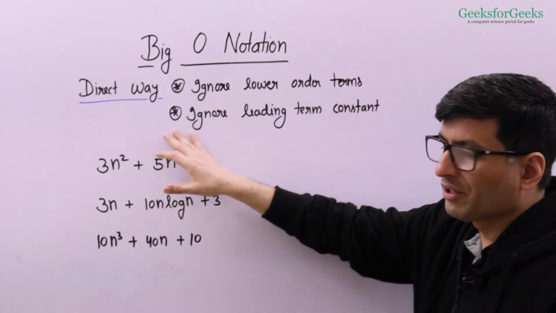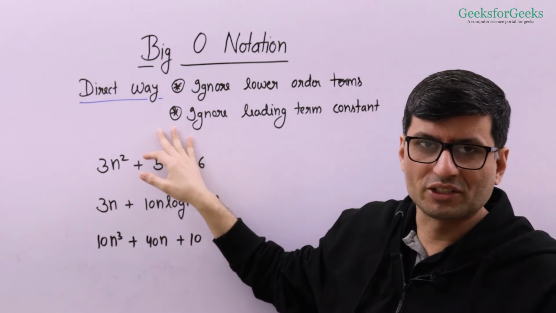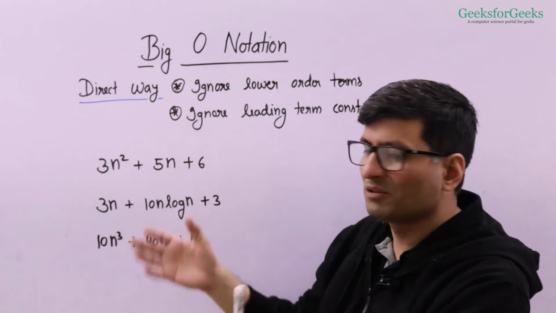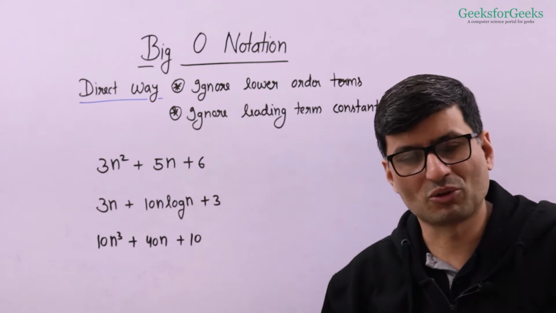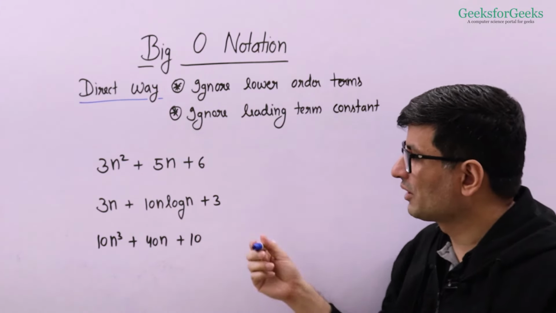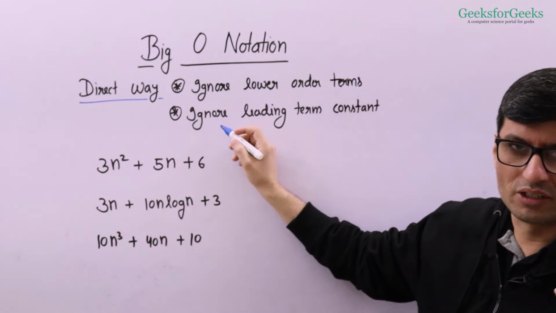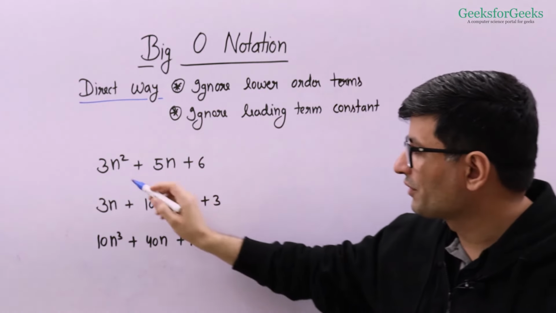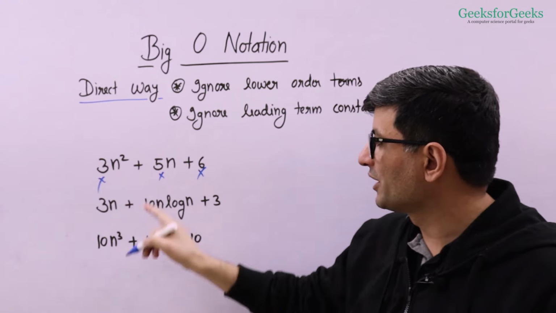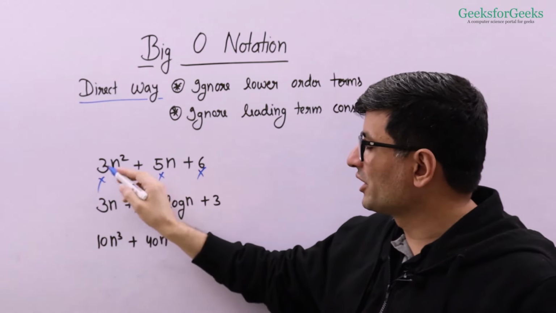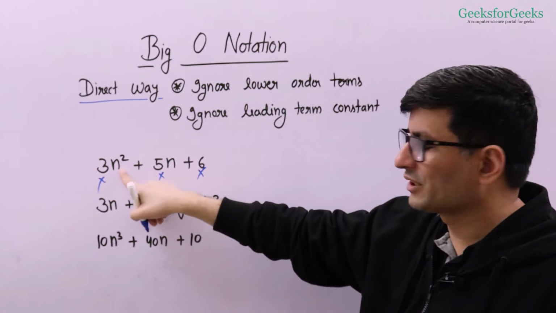So there is a direct way of finding the big O notation for an expression, and the direct way is just to find the order of growth, and since exact is there in big O, you write the order of growth in big O notation. So these are the steps that we use to find the order of growth also. If you see this expression, the order of growth is clearly n square. We ignore the lower order terms, we ignore the leading constant, and we get the order of growth as n square.